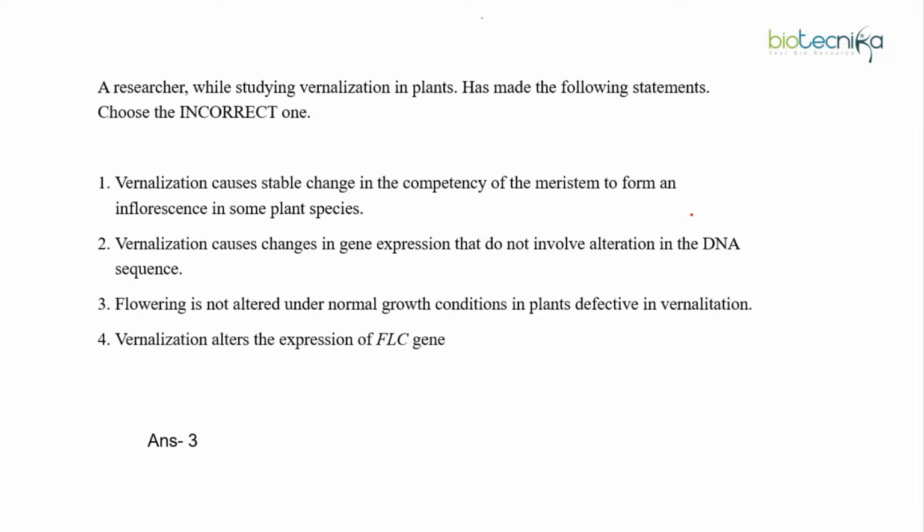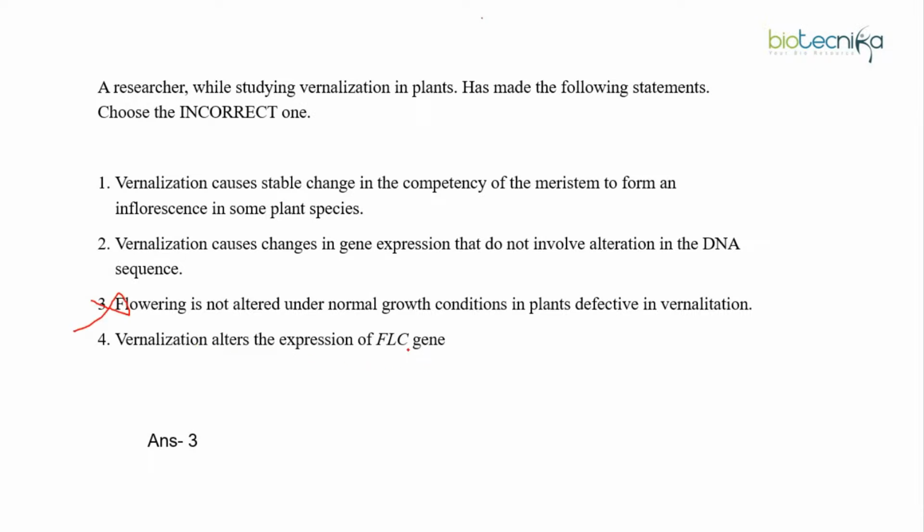Now, this statement is also correct. Why? Because vernalization is mainly involved in epigenetic regulation. The modification happens on your histone proteins, not on the DNA sequence. And then you have statement 3: flowering is not altered under normal conditions in plants defective in vernalization. No, this is definitely the incorrect statement.